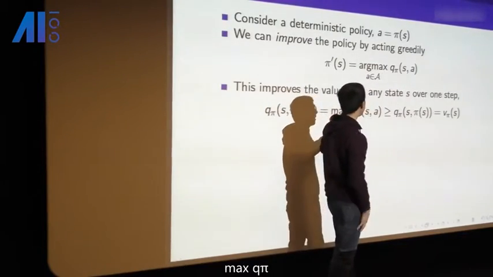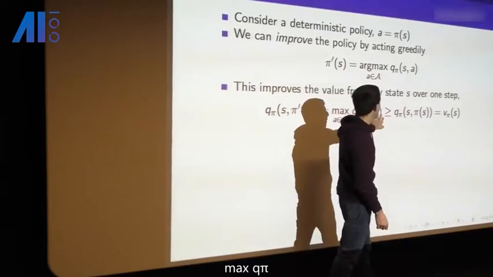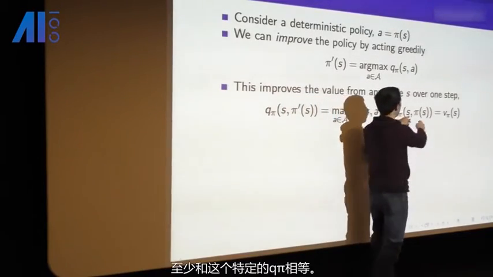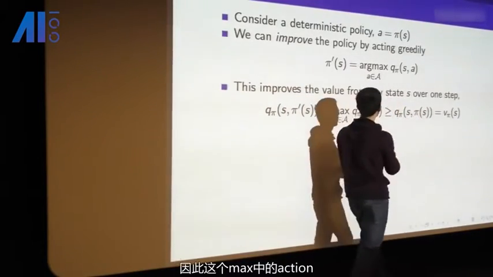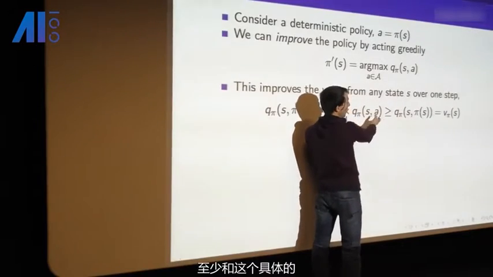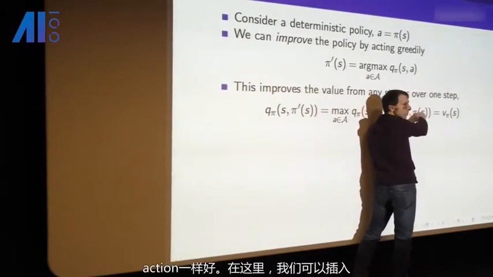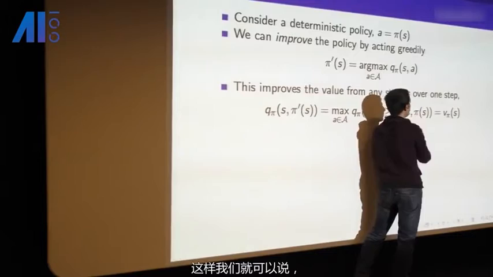And the max over the Q pi's has to be greater than or equal to one particular Q pi. So the max over all actions has to be at least as good as one particular action that we could plug in, which is the one we were choosing before.